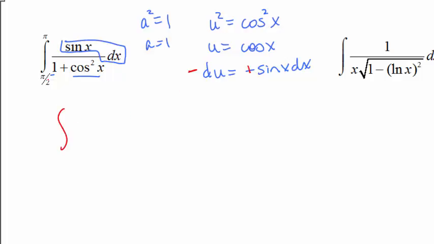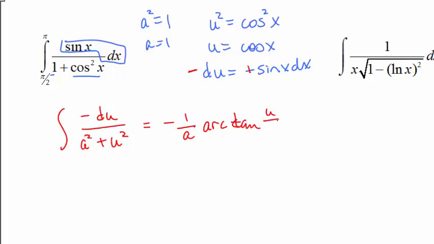So I'm going to ignore the definite integral for right now. Let's just write it in terms of u. So I have negative du over a squared plus u squared. So that would be arctan, so that would be negative 1 over a arctan of u over a plus c.